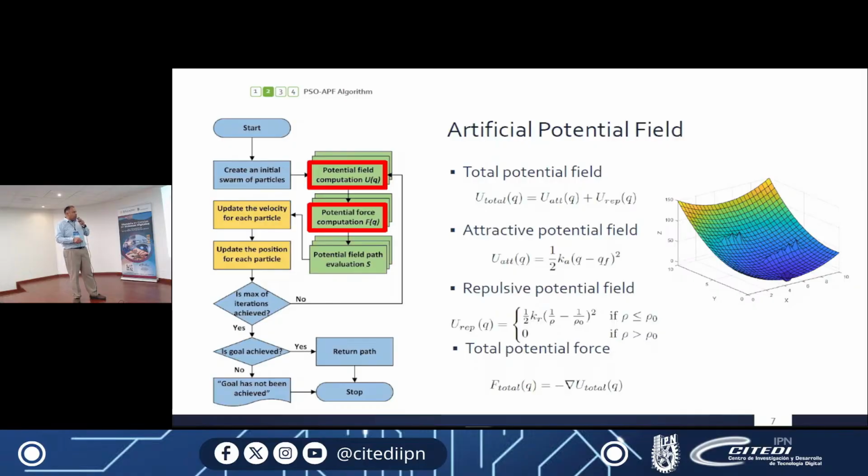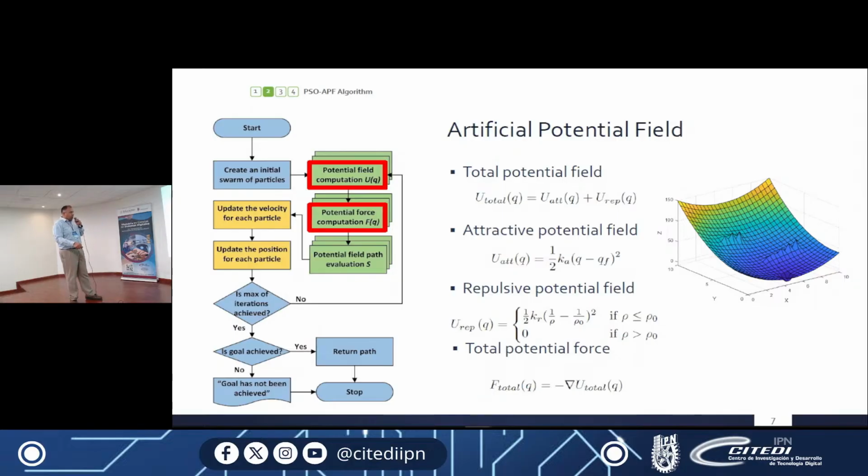So we calculate the total potential field, and with this information, we obtain, by the negative gradient, the total potential force. The total potential force will drive the mobile robot to the goal. As we can imagine in our analogy, this total potential force will drive the mobile robot step by step to reach the valley.